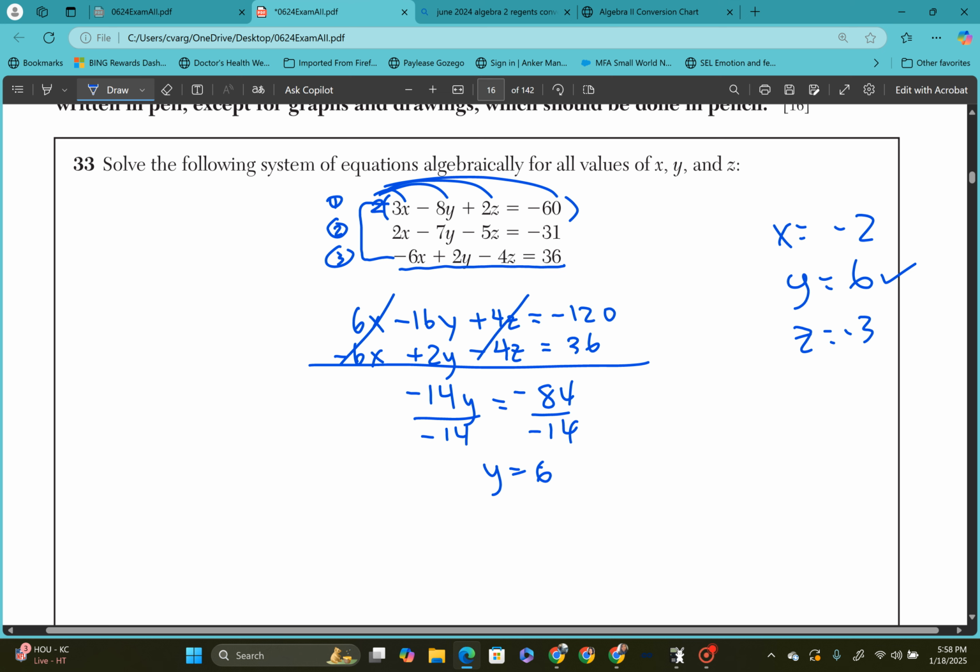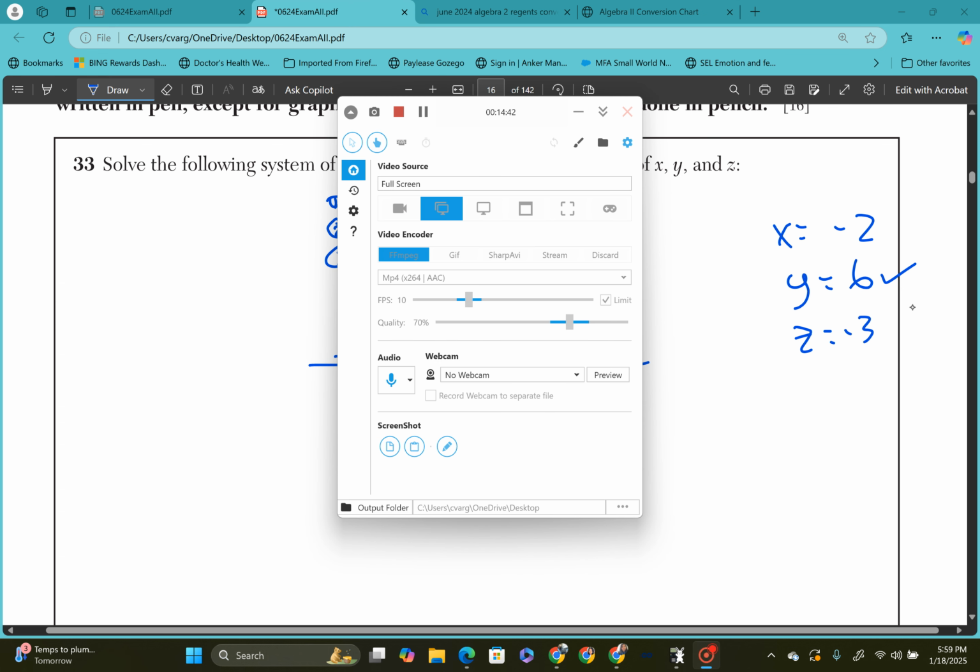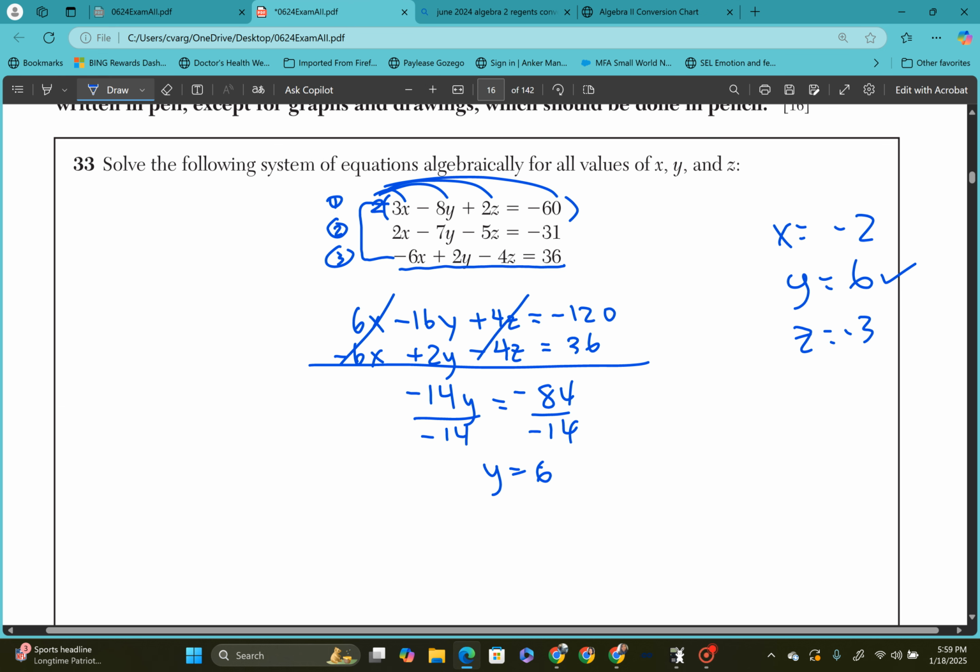So what does that mean? That means I can take y equals 6 and do something with it. I see that I have y equals 6, and I'm trying to see if there's an easy equation to plug it into.